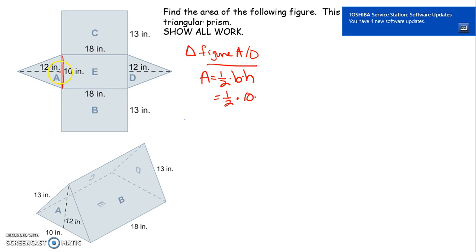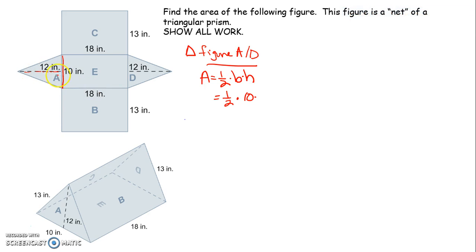And the height of our triangles has to meet that base at a right angle. So they show us the height is 12. So we have 1/2 times 10 times 12 is 120. 1/2 of 120 is 60. So that would be 60 square inches for each one of those triangular faces. There's 2 of them. So I have to do 2 times 60, or 120 square inches for our 2 triangular bases. Now we have our rectangles.